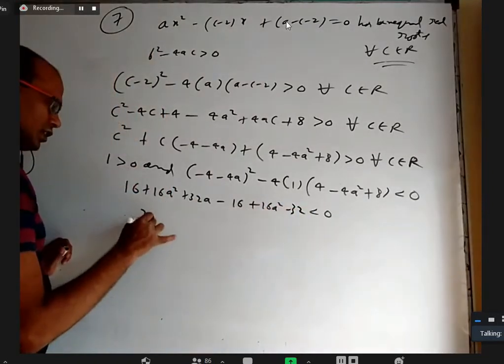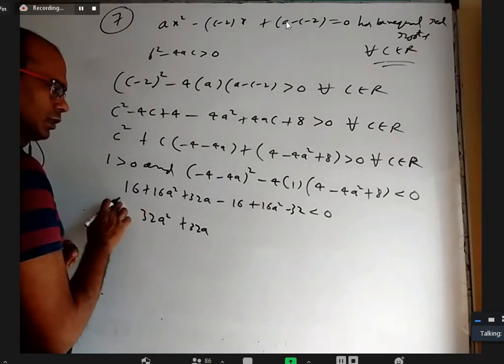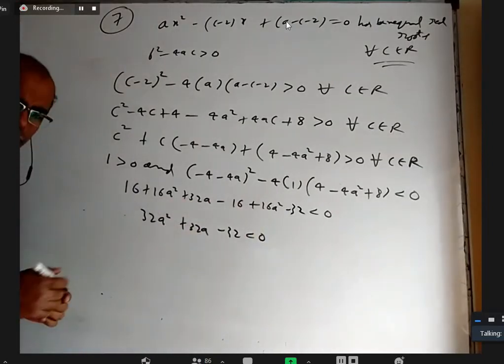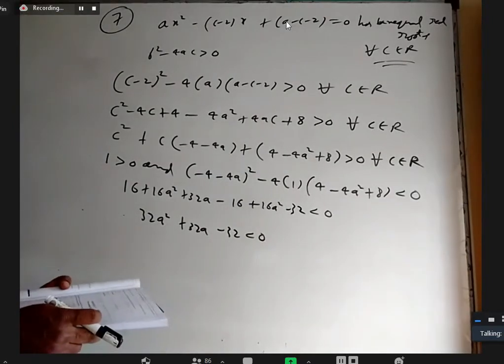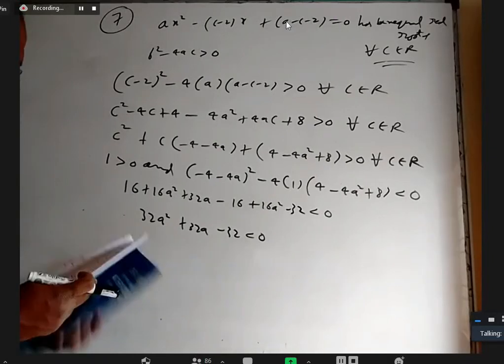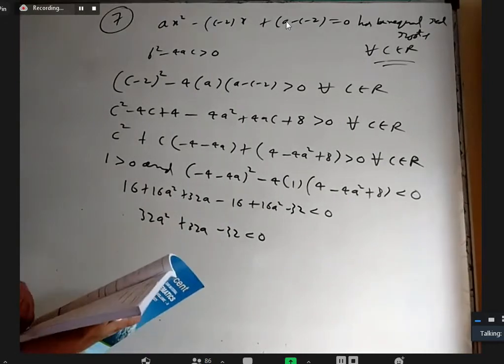That will be 32a square plus 32a minus 32 less than 0. That is true for all values, so I think a belongs to R. No, does it have roots? No, it has roots. Okay. They want values of a. I think we'll get 1 minus root 5 by 2 to 1 plus root 5 by 2.